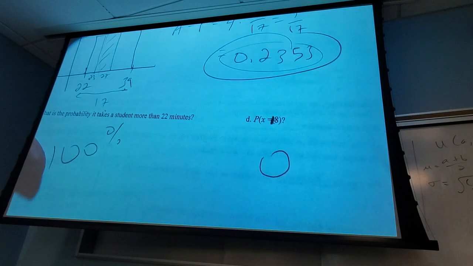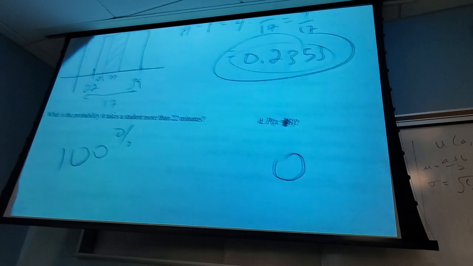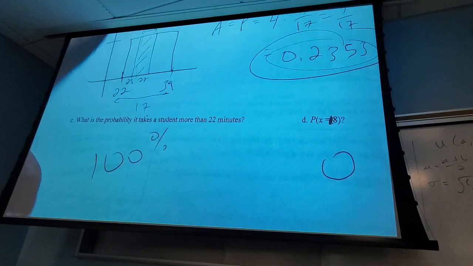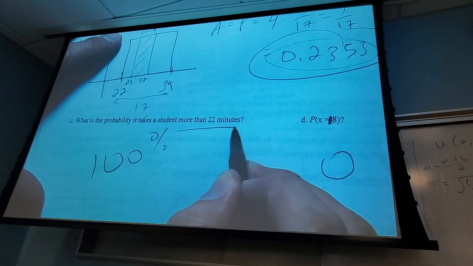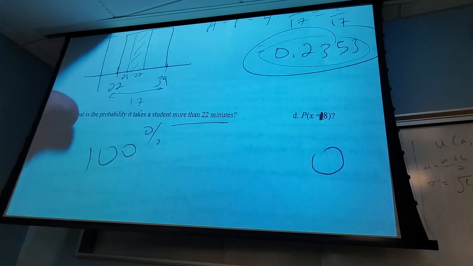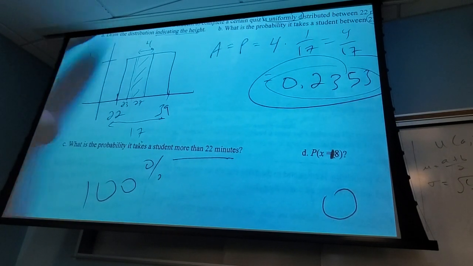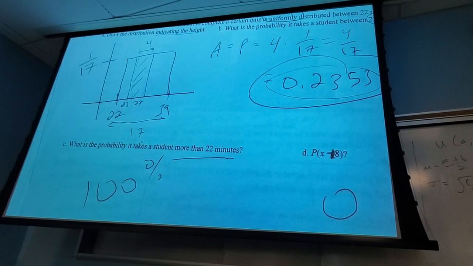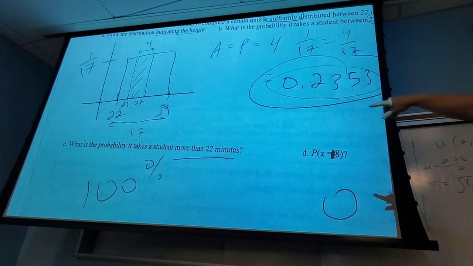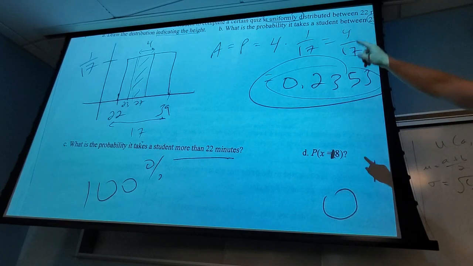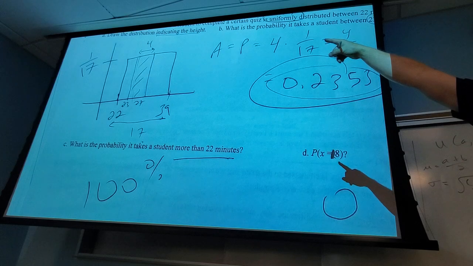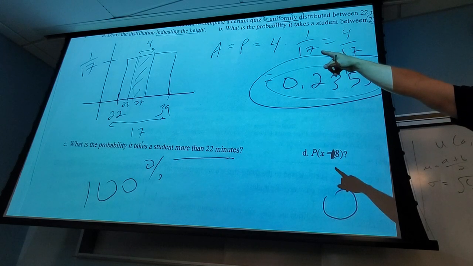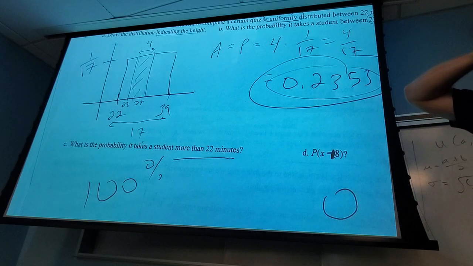Explain again why it's 100%? For this one? Okay. I'm going to try to answer it and let me know if this is not the hang-up. More than 22. If you shaded in what's more than 22, do you leave anything out? Wouldn't I be leaving out 22? Perfect.